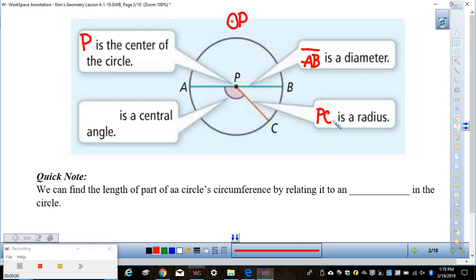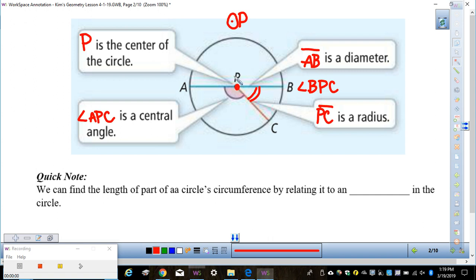PC is the radius, and then over here, angle APC, we would consider a central angle. You could also call angle BPC a central angle as well, as long as the vertex, which is going to be that middle letter, is at the center of the circle.